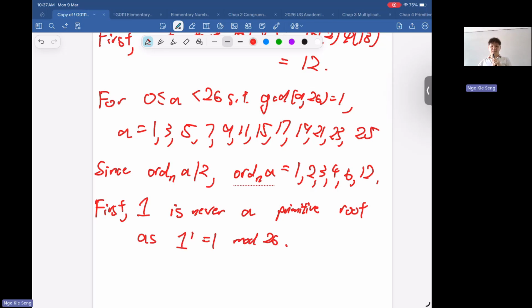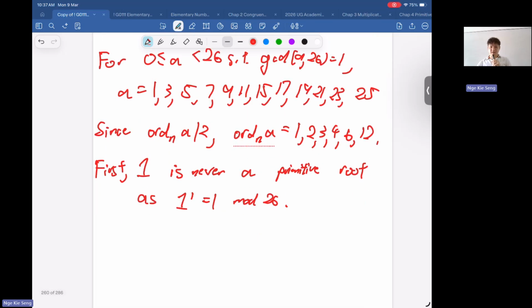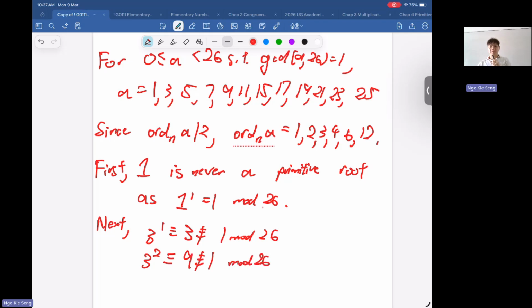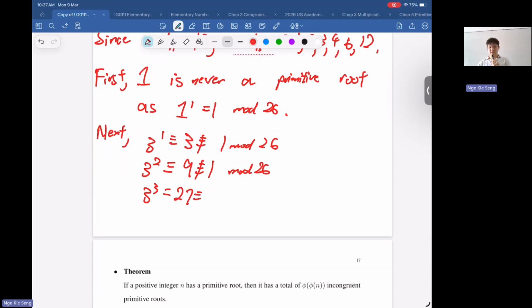Then maybe you can check 3. Okay, how about 3? Next, 3 to the 1 is 3, obviously, which is not 1. But then next, 3 squared is 9, which is not 1. And then 3 cubed is 27, again not 1 mod 26. Oh, it is 1.